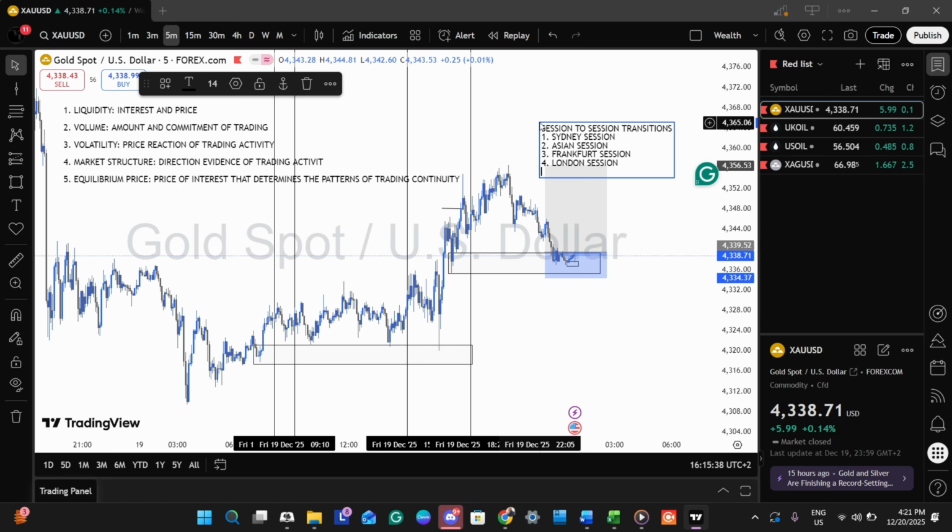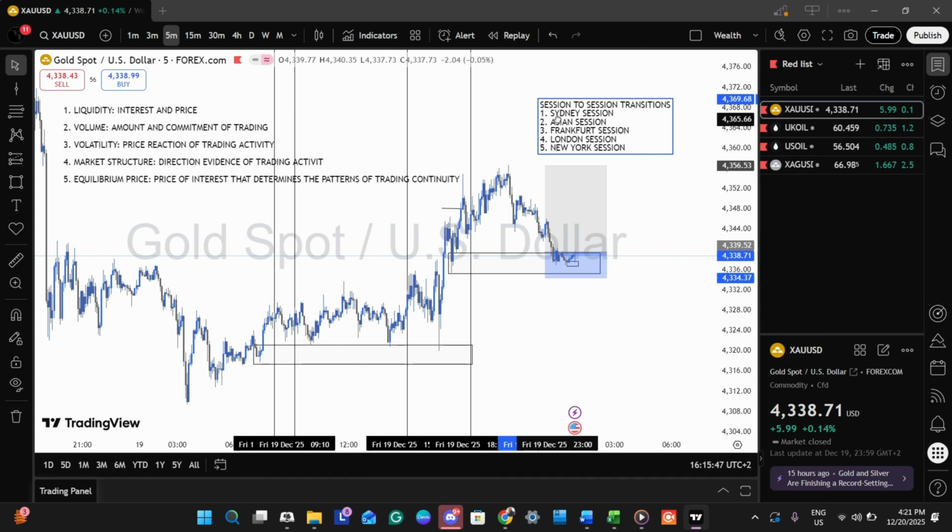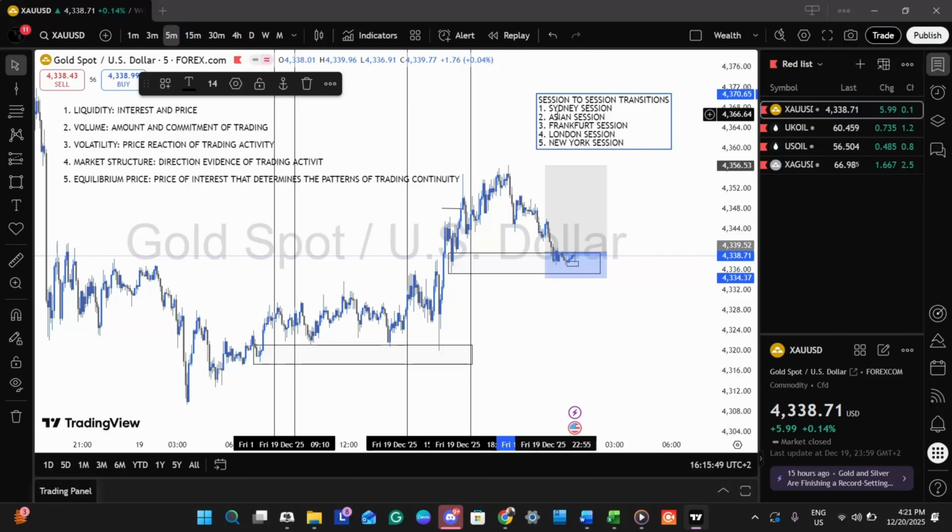And then we have New York session at which US traders become active. Now these sessions were established because these are the areas of highest economic value. We don't have an African session yet. Maybe there will be one day based on how the stock market and the markets evolve. But for now, as it relates to the highest level of traded activity, we have these 5 major sessions that are marked in terms of economics.